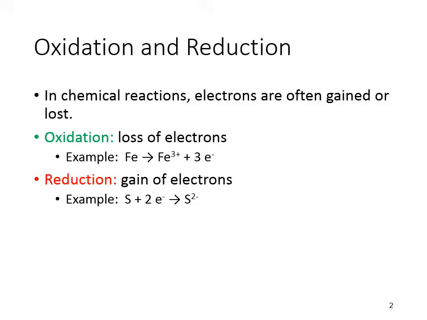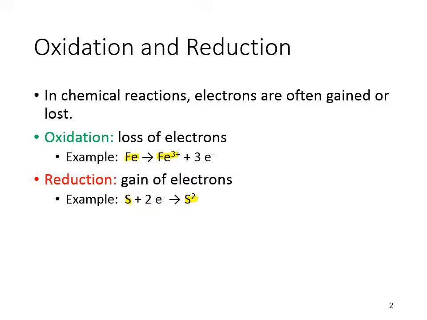Now, in the examples that I've got here, it's fairly easy to see that I've got an iron atom that has no charge, and it's going to an iron ion with a +3 charge. The only way to go from a charge of 0 to +3 is by losing 3 electrons. Similarly, in the reduction example, I see the element sulfur gaining 2 electrons and becoming the sulfide ion with the 2 negative charges from the electrons that it gained.